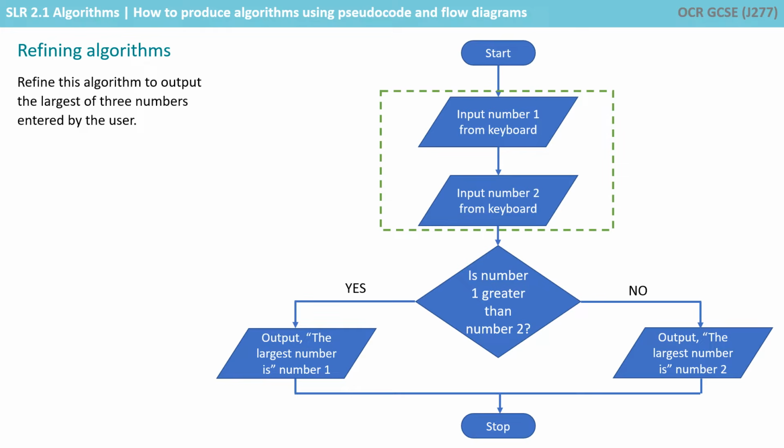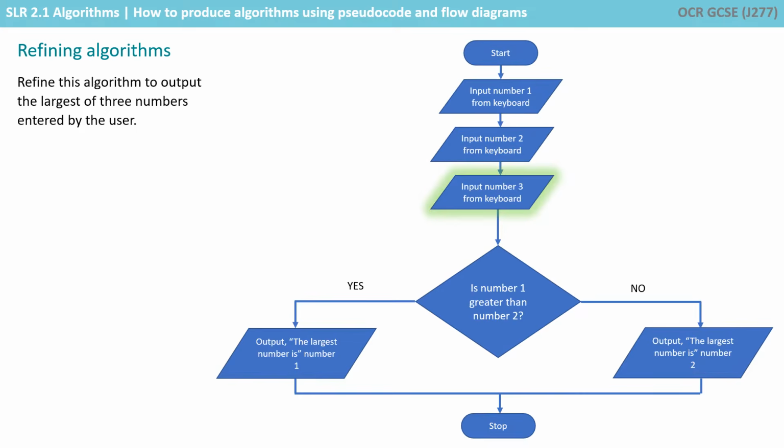You would first need to identify the areas of the existing algorithm which need modifying. Well, we would clearly need to modify this top section to take in an extra input from the user, which you can see we've done here.